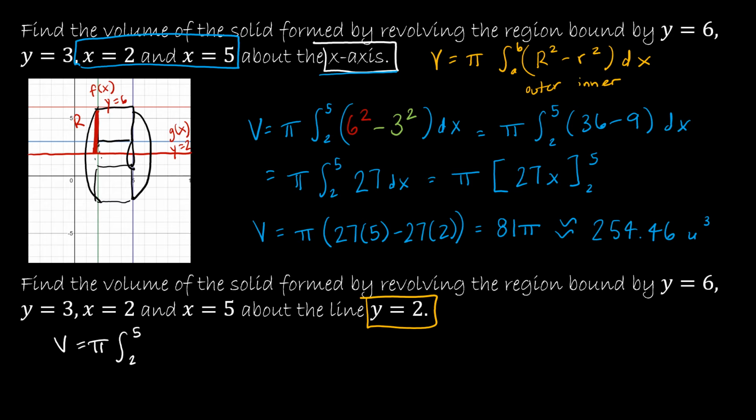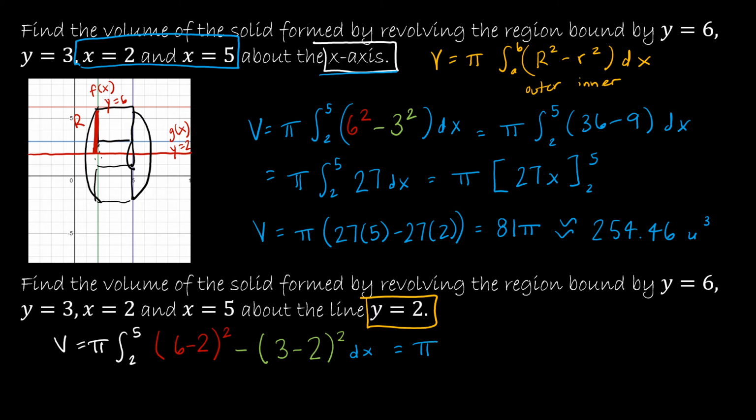So I'm going to take 6 minus 2 quantity squared for the big R, and then for my little r, I'm going to take the function, which is 3, minus, again, g of x, which is 2, quantity squared, and then dx. So same idea, but notice all I've done is now I've subtracted.